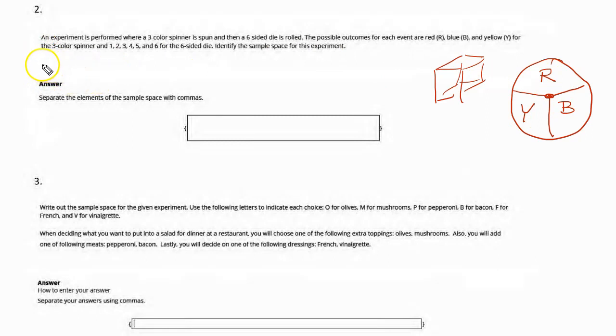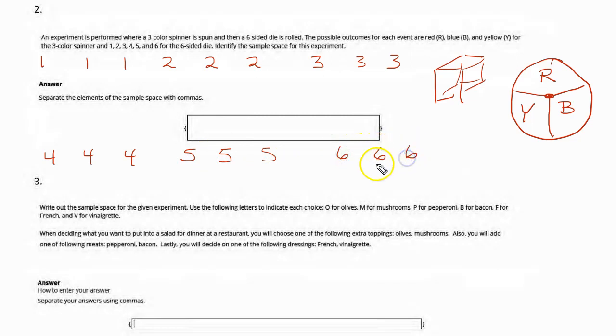So setting this up, it'll be 1, 1, 1, 2, 2, 2, because there are 3 colors, 3, 3, 3, and I have room here, 4, 4, 4, and just setting it up.